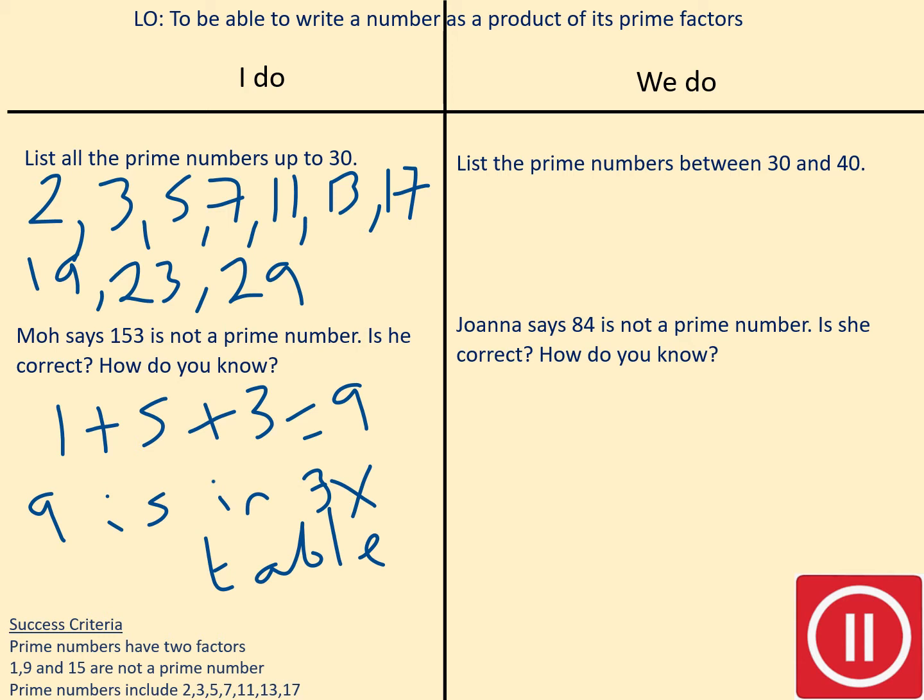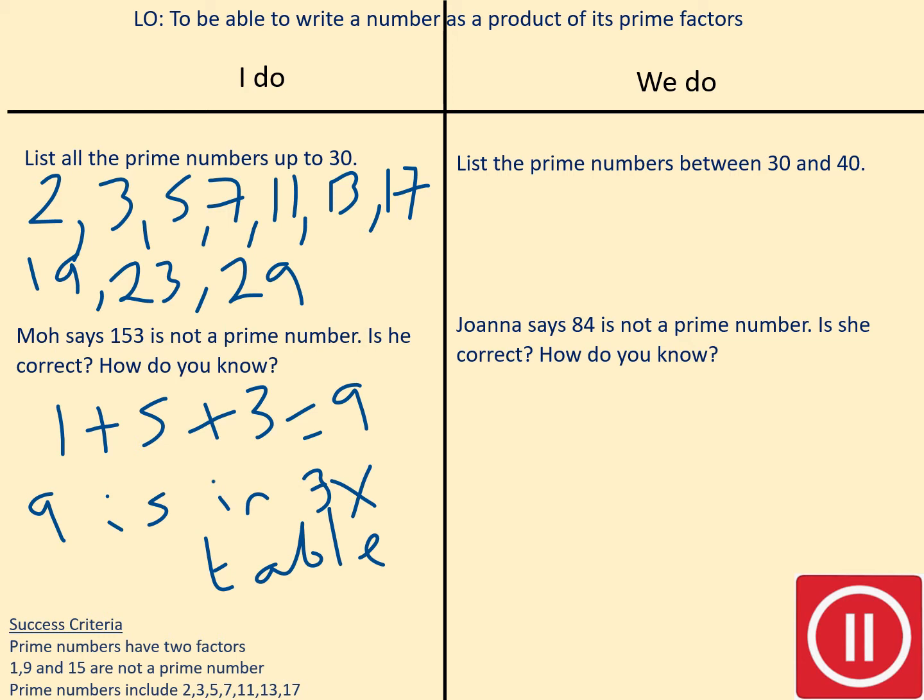Mo says that 153 is not a prime number. Is he correct, and how do you know? If we have a look at the numbers, if the last number was an even number, we know it'd be divisible by 2, so that can't be a prime number. A nice trick that you can use for 153, if you add the numbers up together, 1 plus 5 plus 3 is 9.